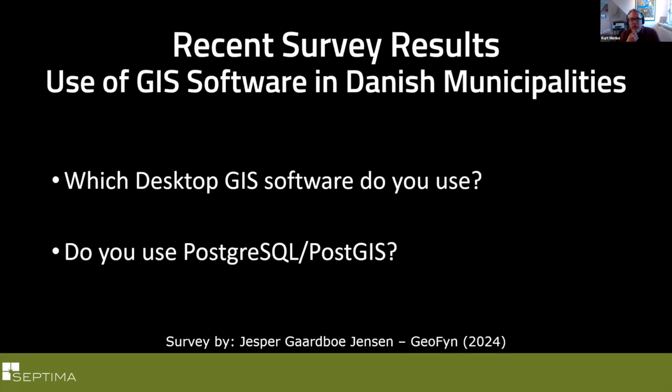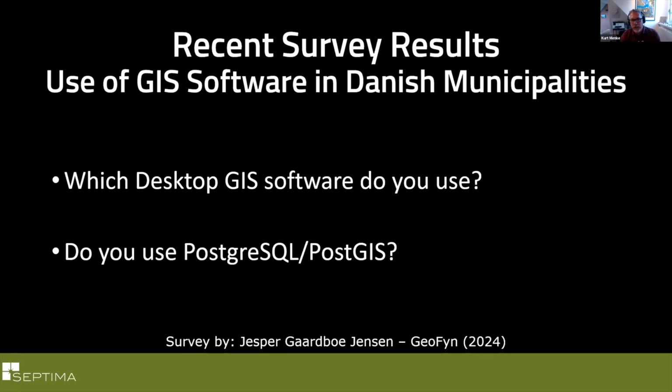I'm going to get into the results of this survey, which was a survey of Danish municipalities. It doesn't include the federal agencies or private firms, just the Danish municipalities, of which there are 98. The two questions I'll dive into the most are: which desktop GIS software do you use, and do you use PostgreSQL, PostGIS?